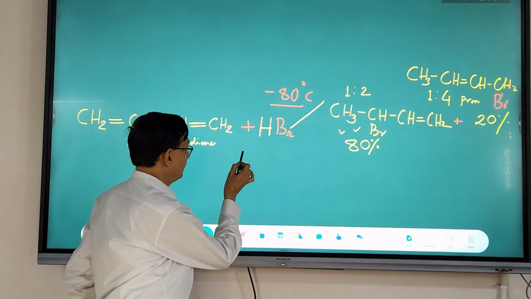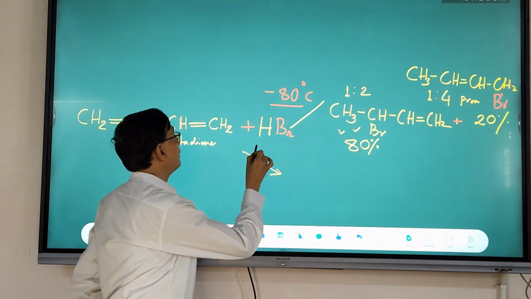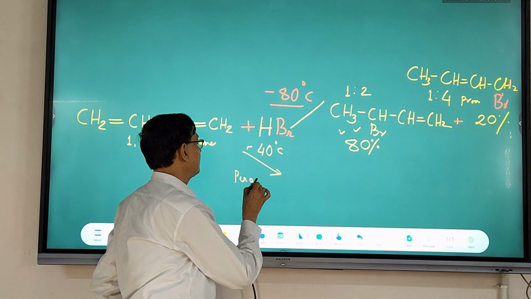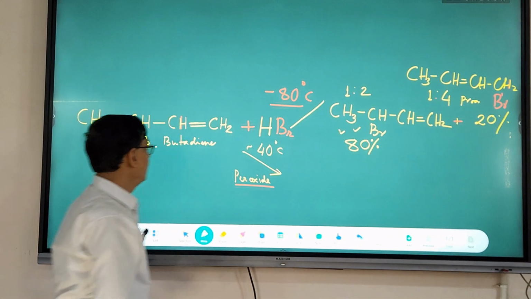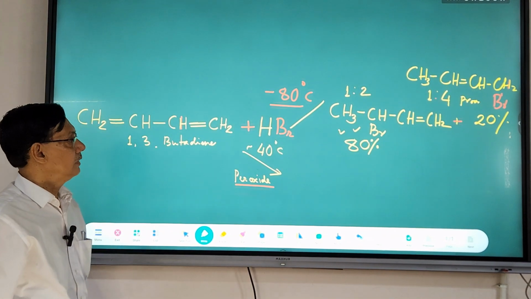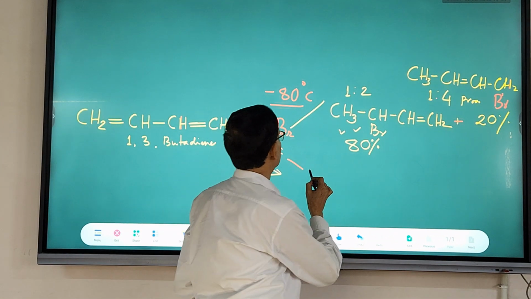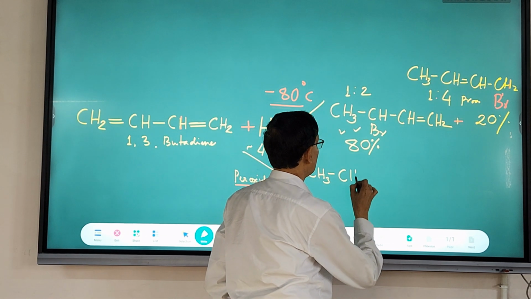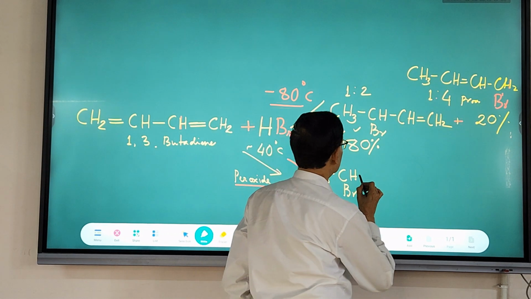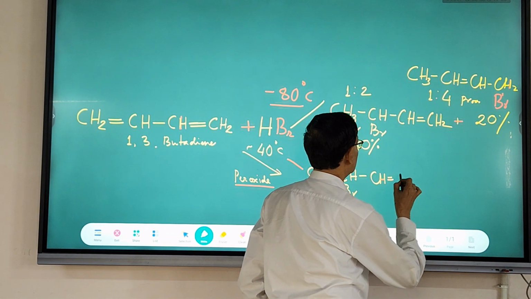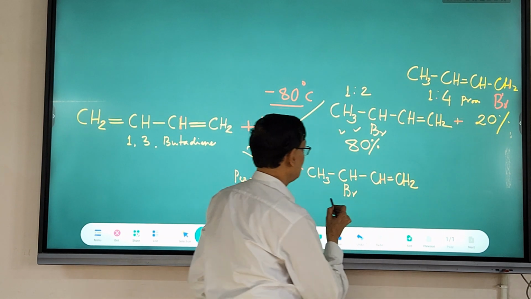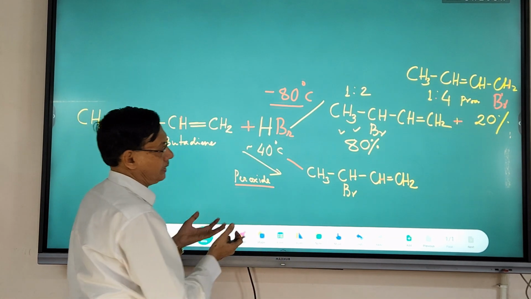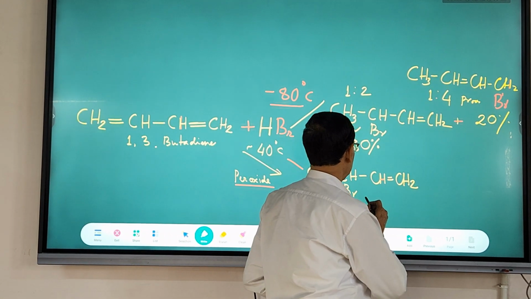Now the second condition: we increase the temperature to around 40 degrees centigrade and we add some peroxide. The reactant is the same, the products are also the same, but here we will get again the 1,2 product, and you will be surprised to know that if we increase the temperature, it is only 20%.